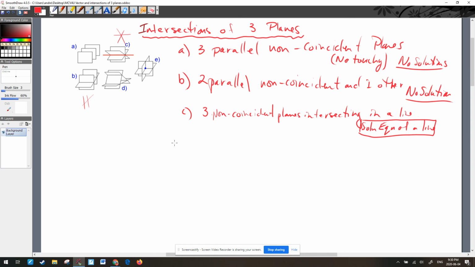And then case D is going to be three coincident planes.